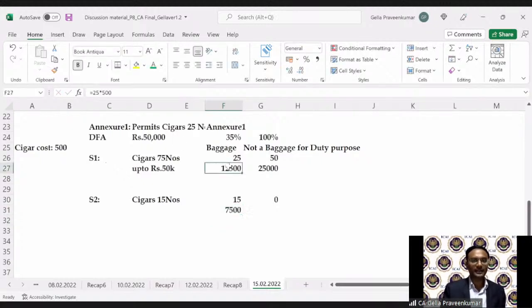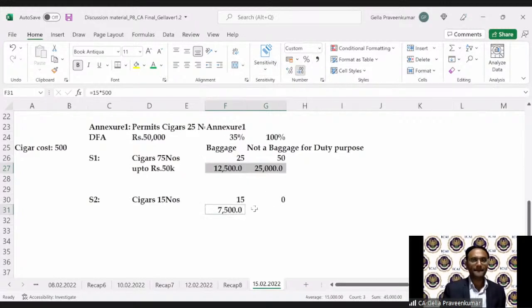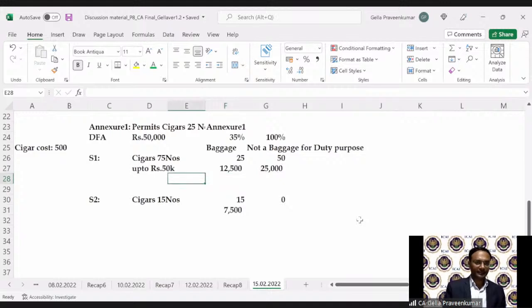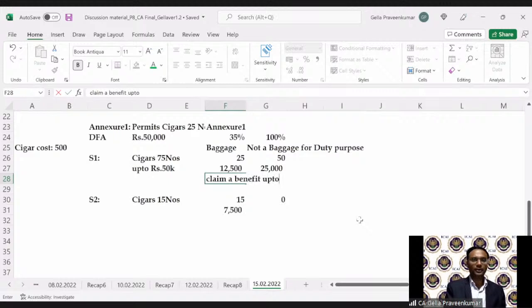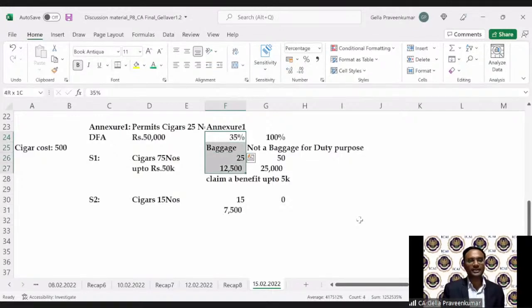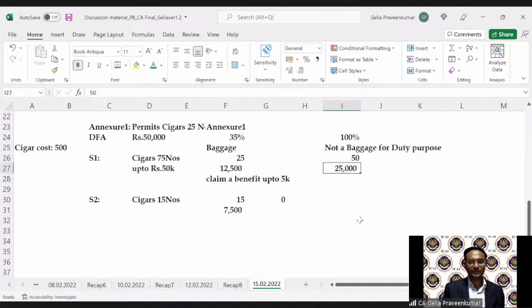So here, claim a benefit up to 50K in case of forming part of baggage. In this case, what I will do, pay duty at 100% ad valorem.